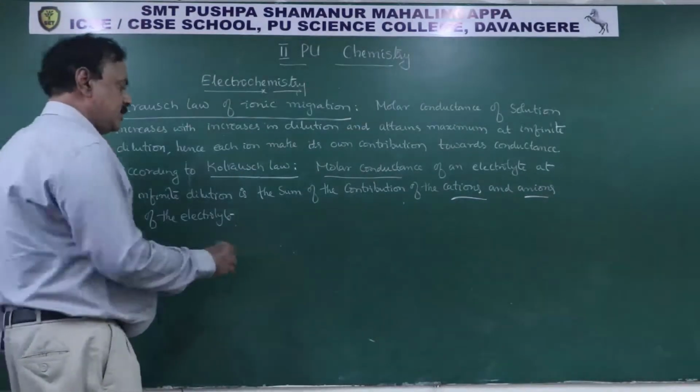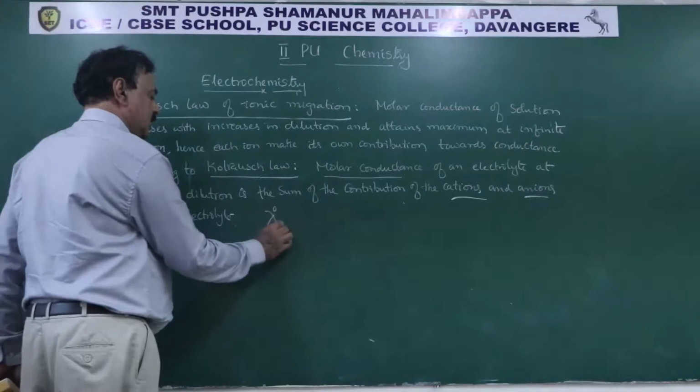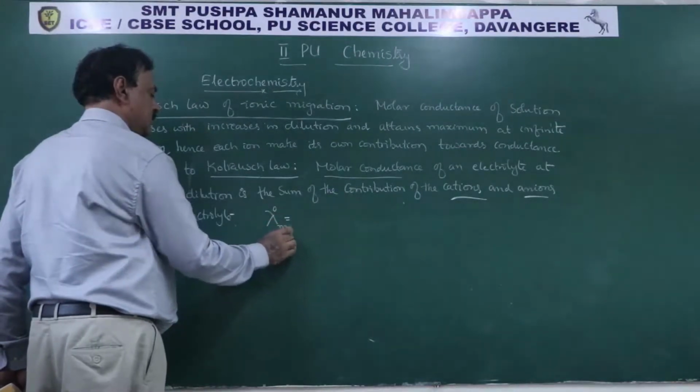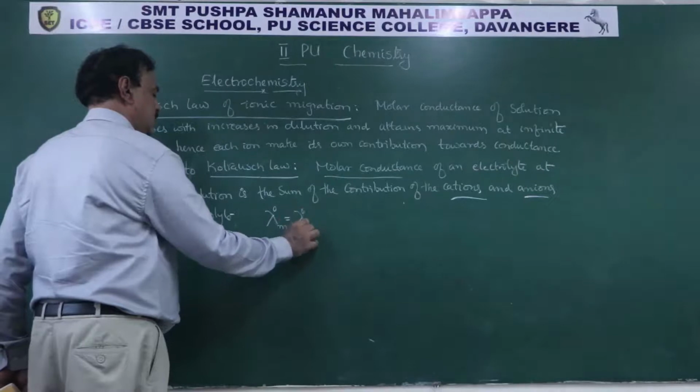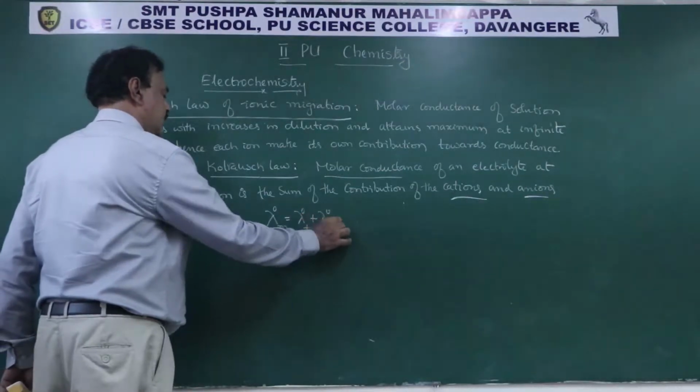Therefore, lambda naught m is equal to lambda naught plus plus lambda naught minus.